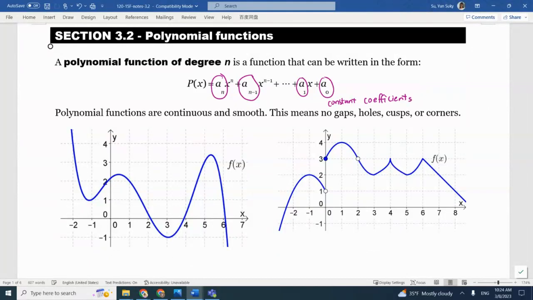Polynomial functions are continuous and smooth. This means no gaps, no holes, no cusps, no corners.